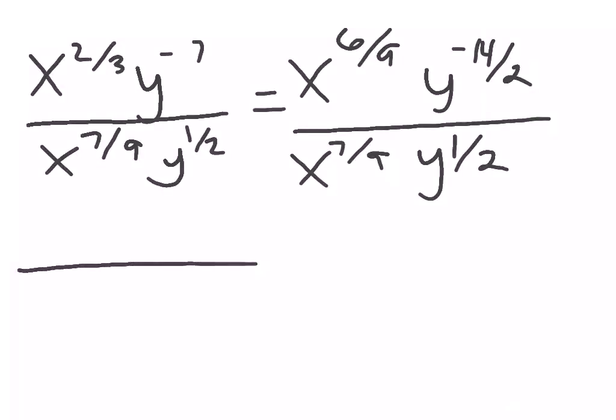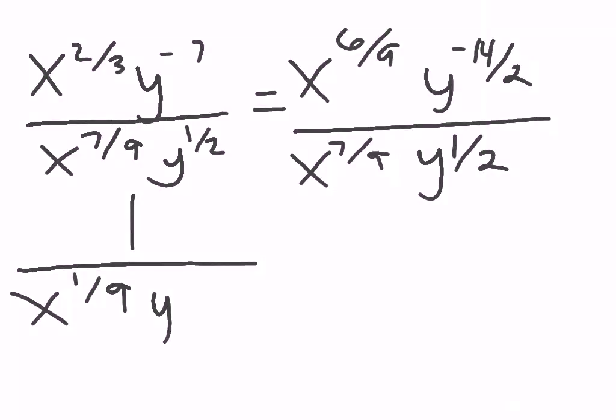X to the 6/9 over x to the 7/9 leaves me with x to the 1/9 in my denominator. Y to the negative 14 over 2 over y to the 1/2. Well, let's go ahead and put those in the denominator. If I don't have anything in the numerator, which I won't after I put the y to the negative 14 over 2 in the denominator, I'm just going to put a 1 in the numerator.